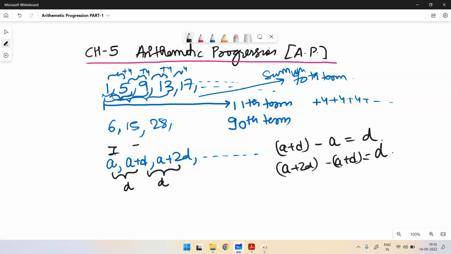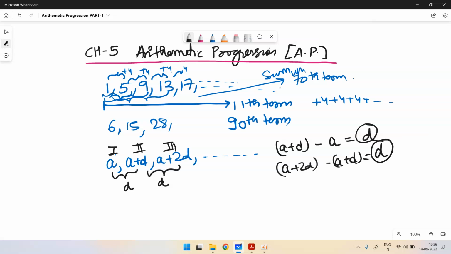This is my first term, second term, third term, and so on. It will be called an arithmetic progression when there is a common difference d, which is constant for any two consecutive terms. The difference will be d only, and this will be my arithmetic progression.